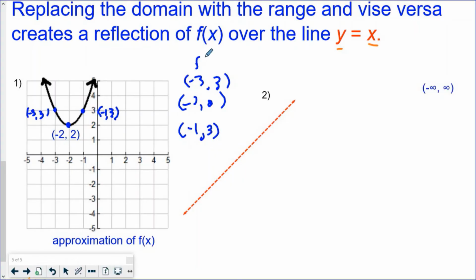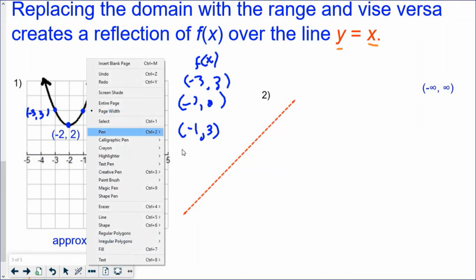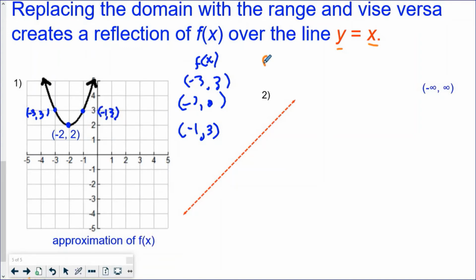So if this is f of x, then the inverse, as we just learned a minute ago with points, would be f inverse of x, and that would produce the points (3, -3), (2, -2), and (3, -1). I'm going to go graph those. So (3, -3) is here. (2, -2) is here.